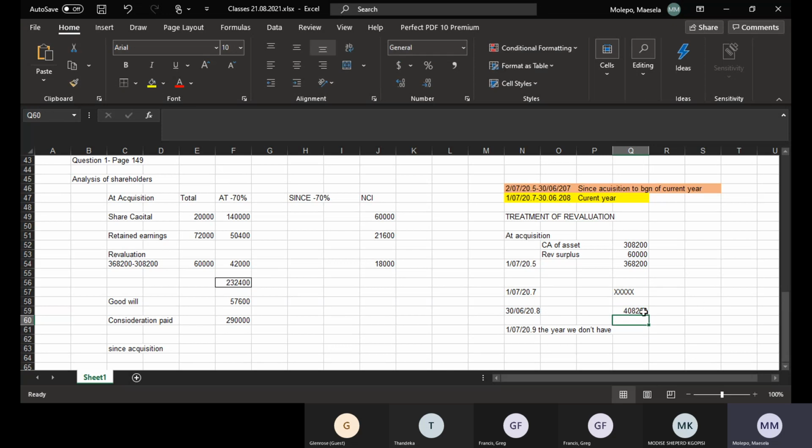So it means our revaluation will be this less this. Because the value that is sitting on 30/06/2008 will be the one going further to the 1/07/2007. So it means our revaluation, when it was done on 1/07/2007, was also 408 here. Because from 1 July 2007 to 30 June 2008, there was no revaluation.